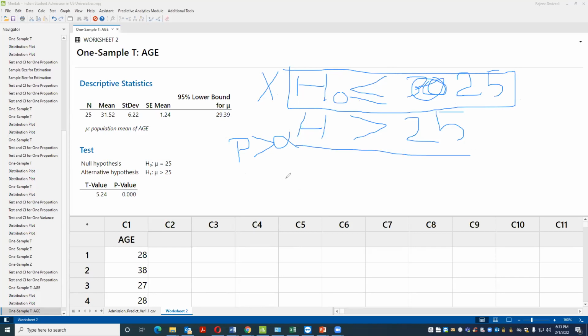That means the average age is more than 25, so the alternative, or H1, holds. The null hypothesis says equal or less than 25, and that is not true. Because the p-value is less than alpha, we reject the null hypothesis and conclude that the average age of the students is more than 25 years. So the p-value is the decision point.